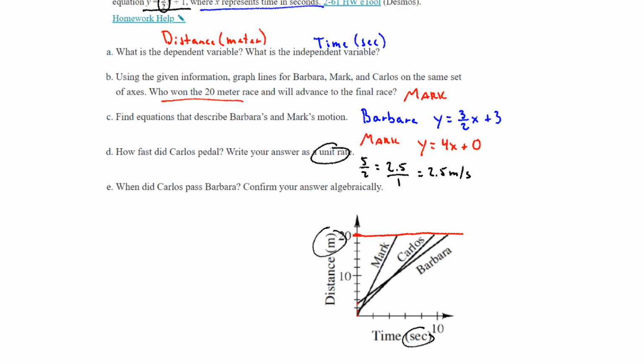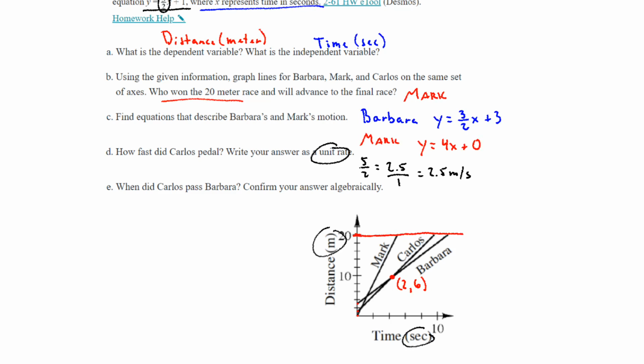And then part E, when did Carlos pass Barbara? Confirm your answer algebraically. So you can see on the graph where Carlos is somewhere passing Barbara, but where does that occur? So when we graph this a little bit more accurately than what you're seeing on here, you'll notice that Carlos is behind, but then at time 2, so in 2 seconds, you are at 6 meters.